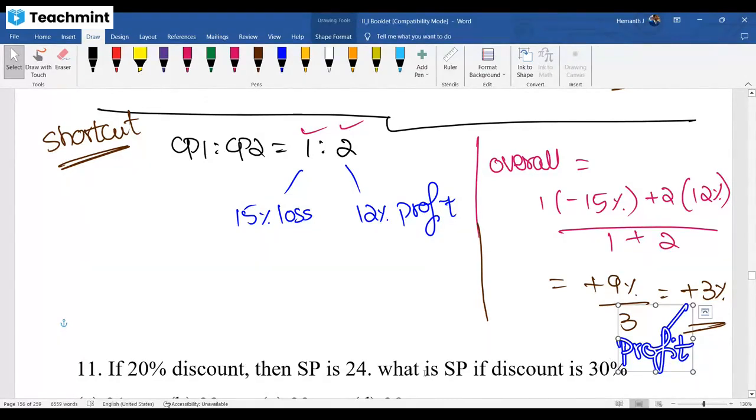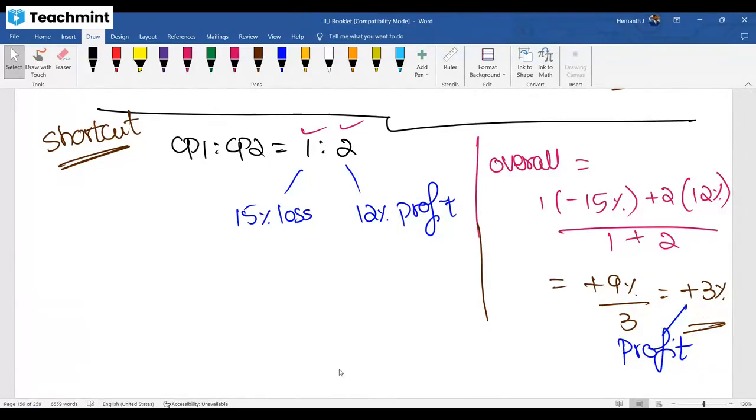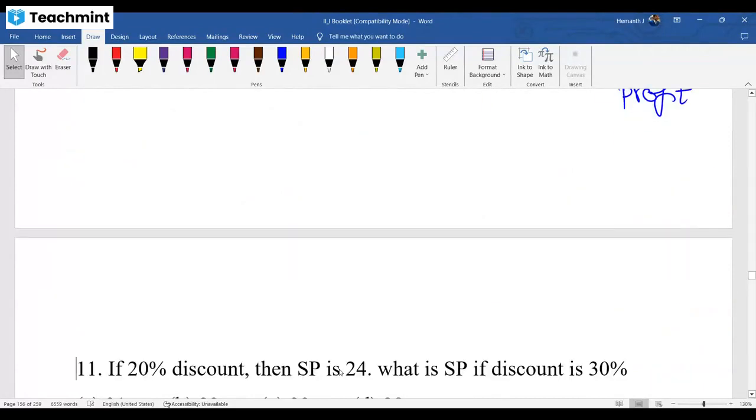In the questions we discussed up to now, we considered there are no discounts, but now they're using the discount concept as well. Right, are the questions up to this 10 clear? The last two questions are especially important because they give multiple selling prices and multiple cost prices. If 2 or more selling prices are given, how to handle it; if 2 or more cost prices are given, how to handle the question, is what the last two discussions covered.